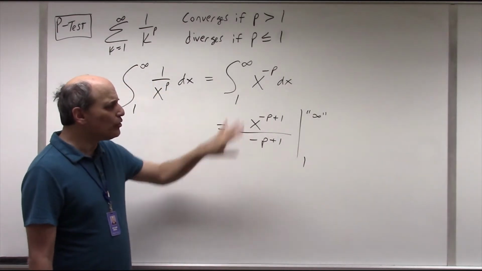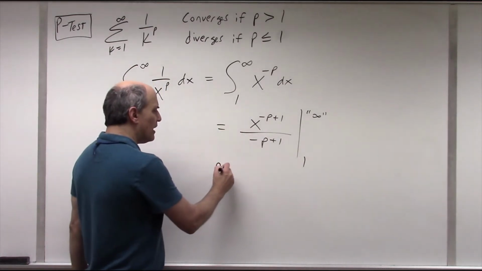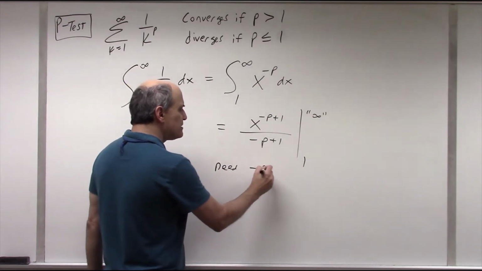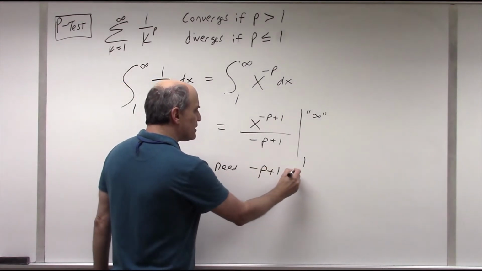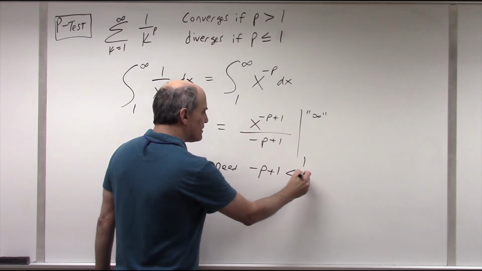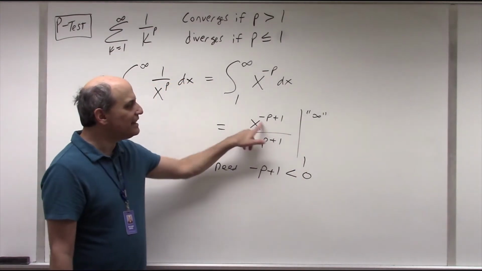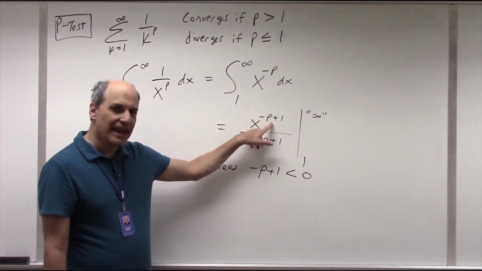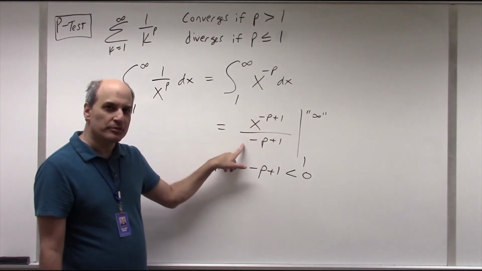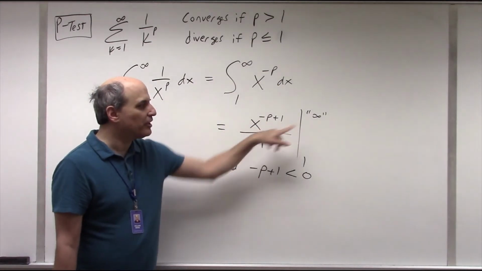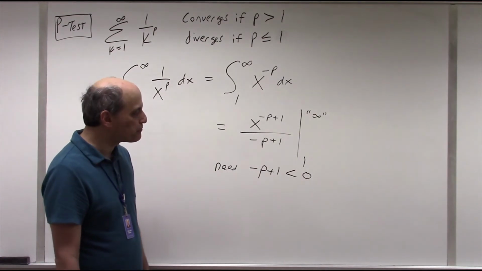So for the integral to converge, I need minus p plus 1 to be less than 0. That is, I need this exponent to be negative, which moves the term to the bottom, and then when I plug in infinity, it goes to 0.